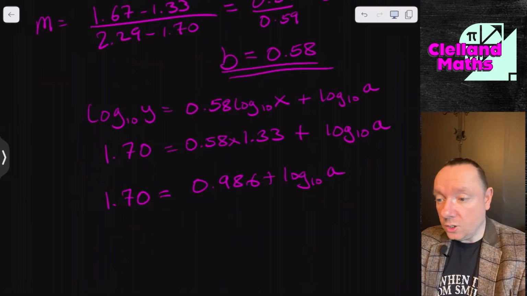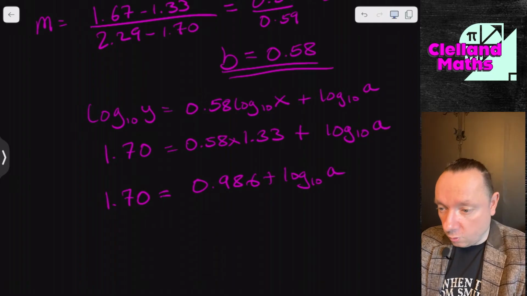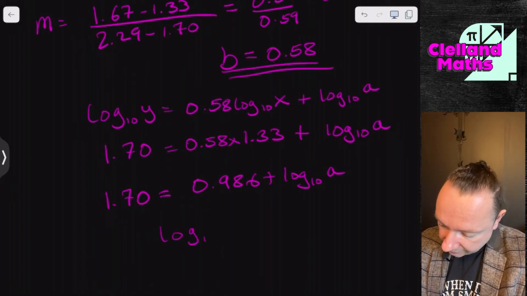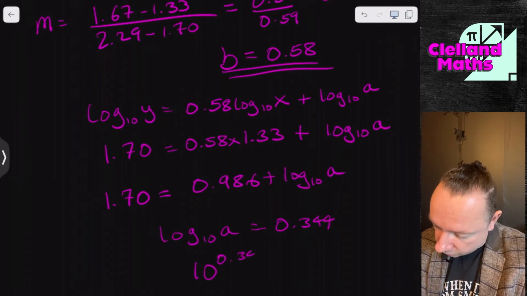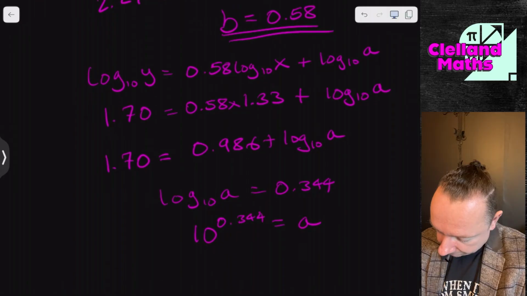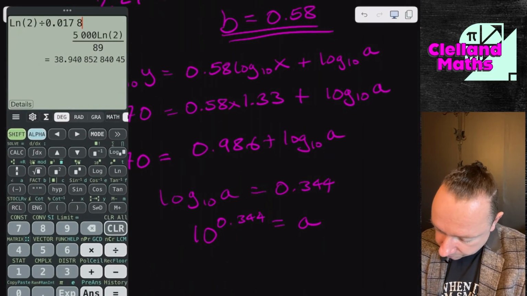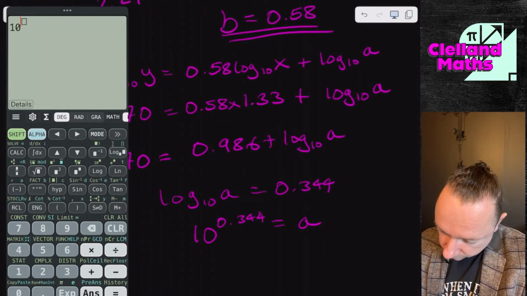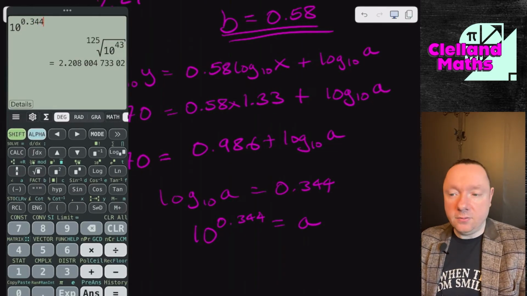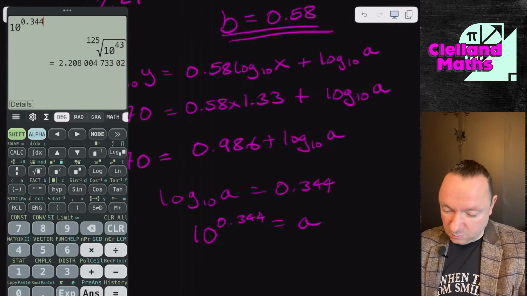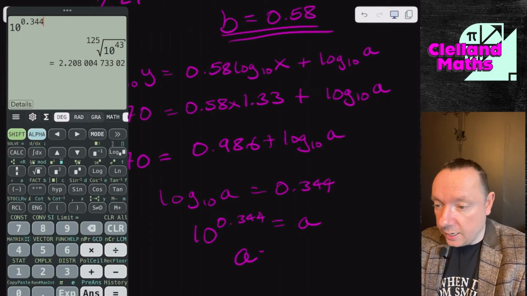Taking away the numbers, you get 0.344. So log base 10 of a equals 0.344. So 10 to the power of 0.344 equals a. Using a calculator, that gives me 2.208 to 3 decimal places, or 2.21 I suppose. So a equals 2.21.